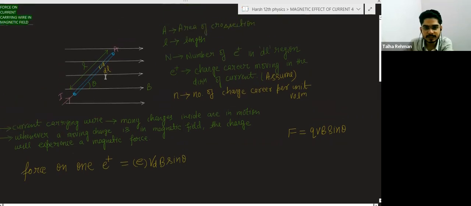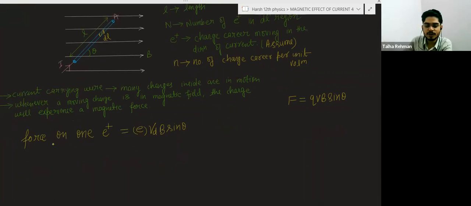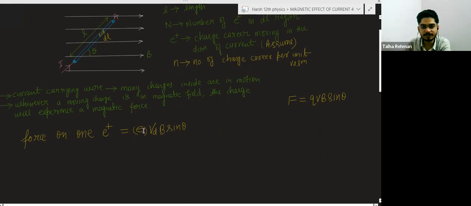Now, in this dL region, see this capital N. Capital N is the number of e positive in the dL region. So there are capital N number of charge carriers. Force on one charge carrier is this. Force on N number of charge carriers will be the multiplication of N with this.